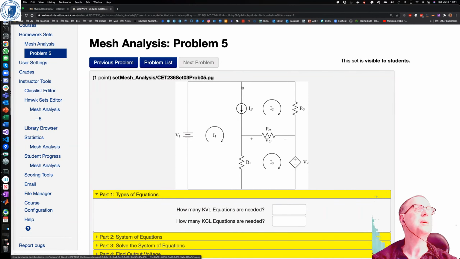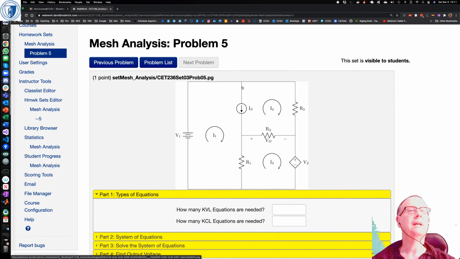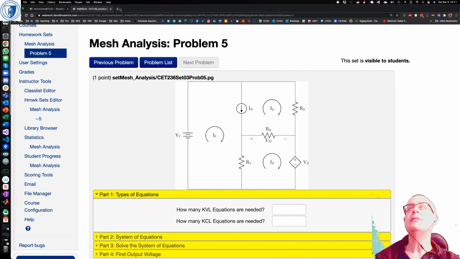So lots of super mesh problems, because of those two mesh currents flowing through the current sources. Okay, so does anybody have any questions so far about what we've been doing?